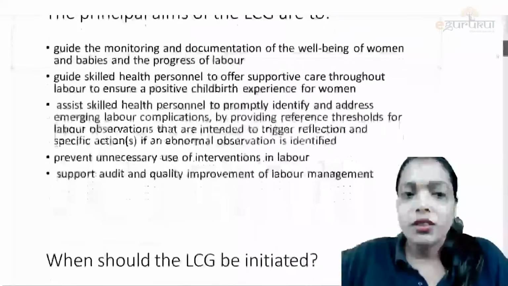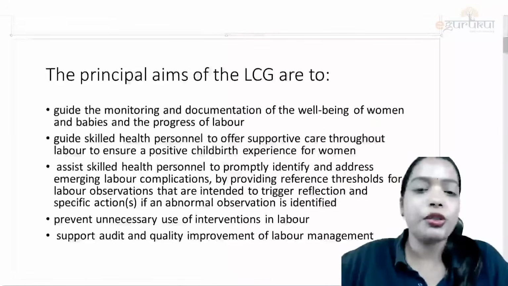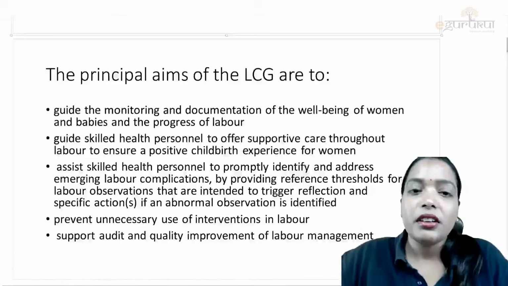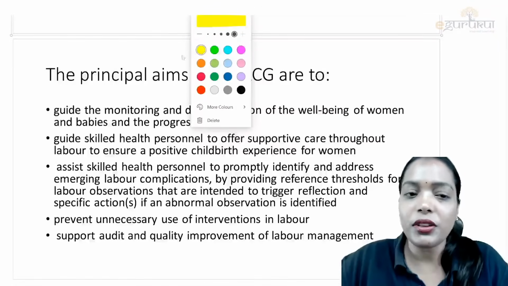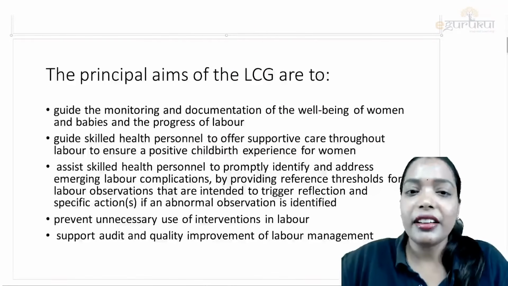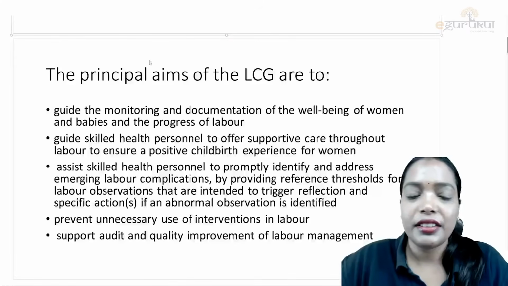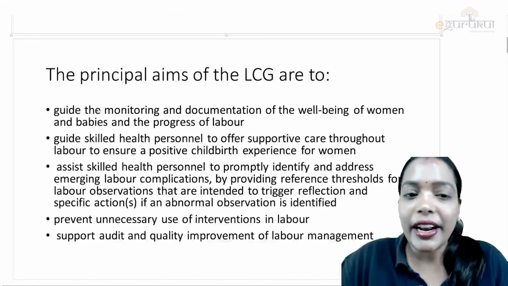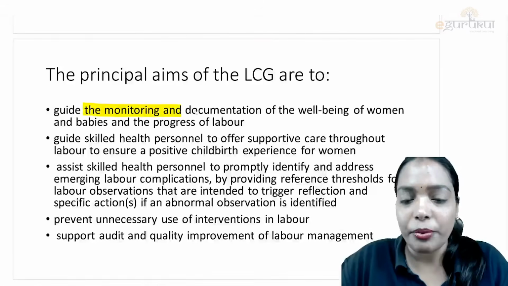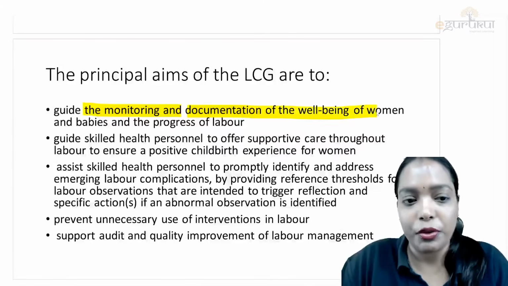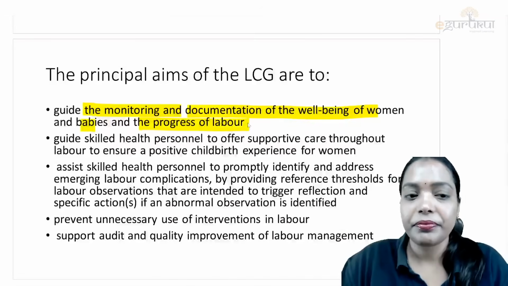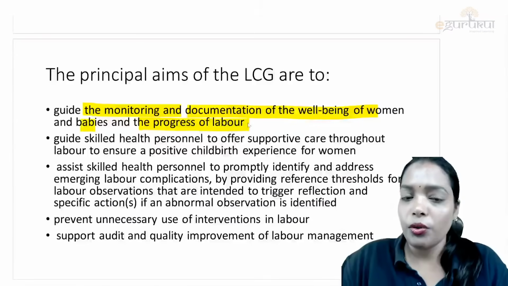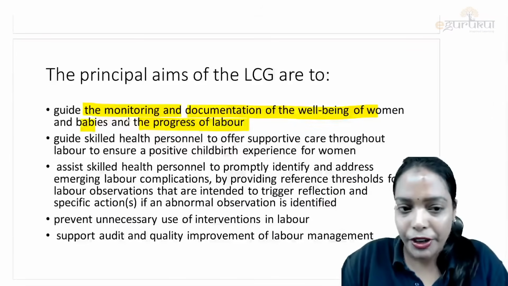Yes. So what are the main aims of the WHO Labor Care Guide? It is the same as the aims and goals of our previous partogram. The guide is to guide the monitoring and documentation of the well-being of the women and babies and the progress of labor. So it is to know the progress of labor.